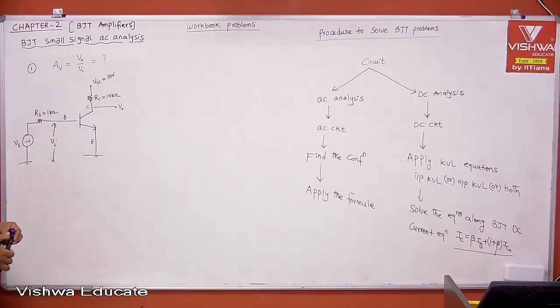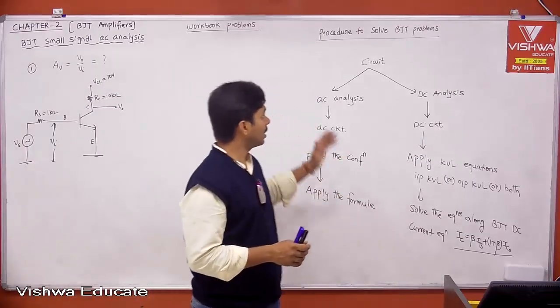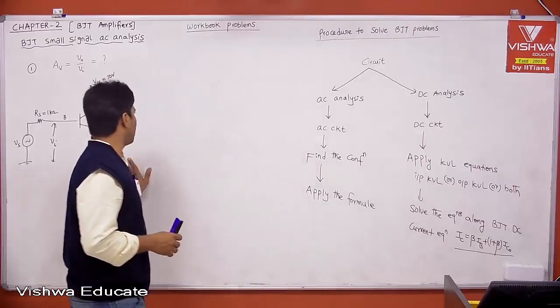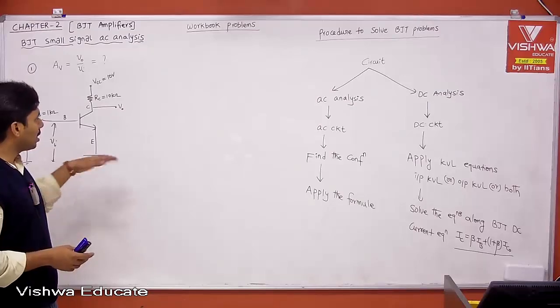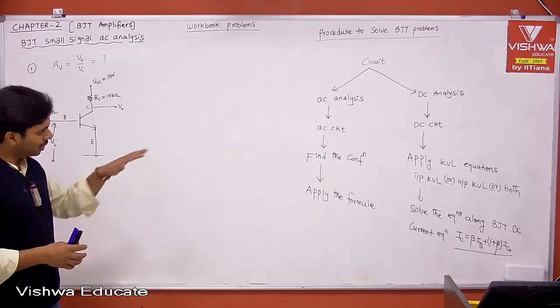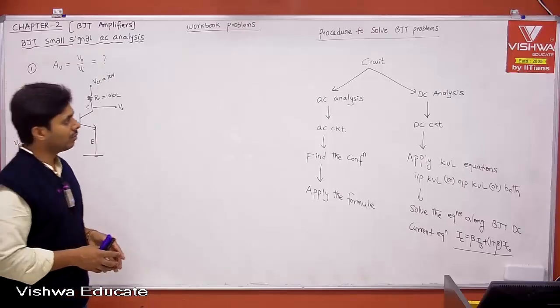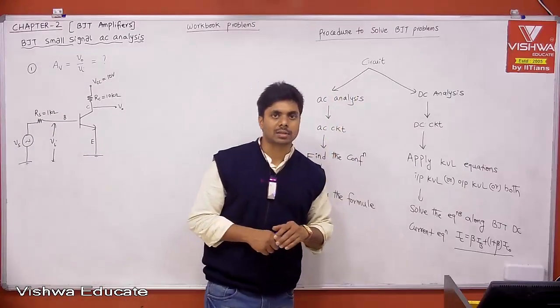First of all write this procedure, try to apply this procedure to solve the problem. Maybe as we go on we need to apply this throughout our BJT amplifiers. Wherever BJT is there we need to follow either AC analysis or DC analysis.